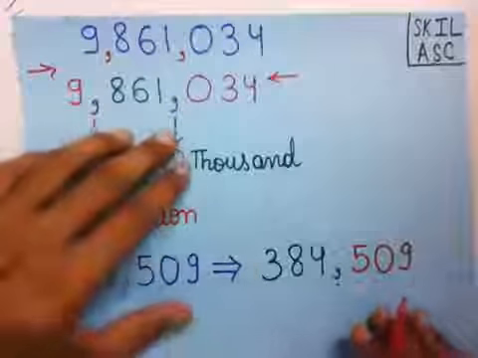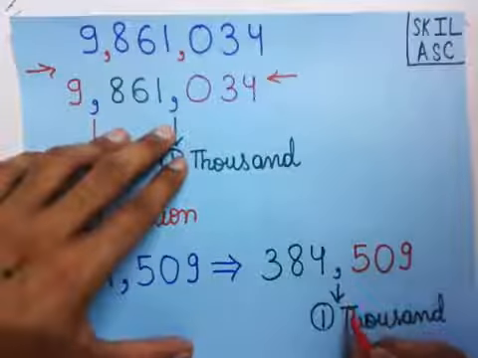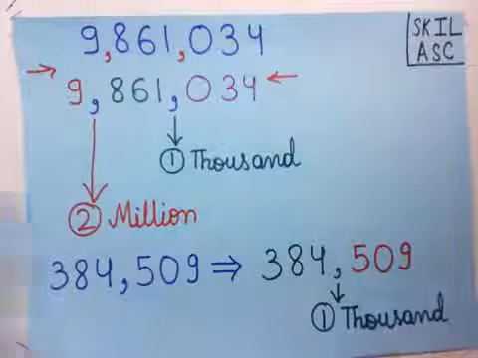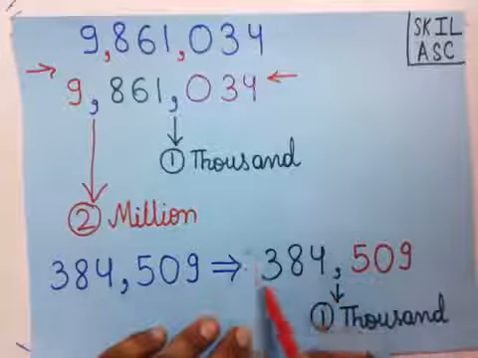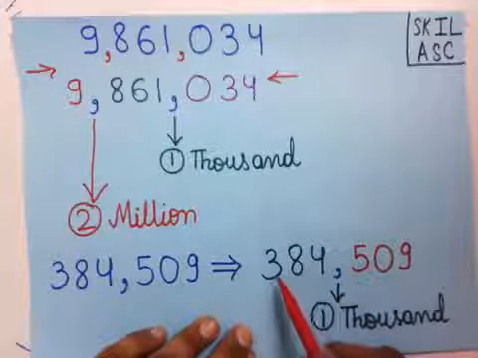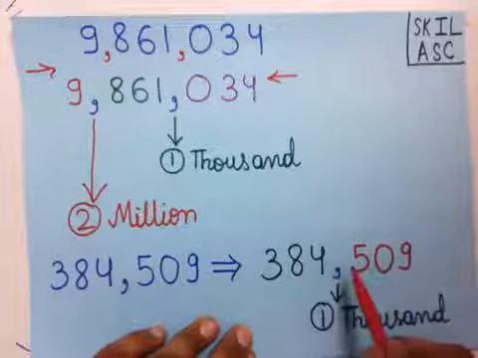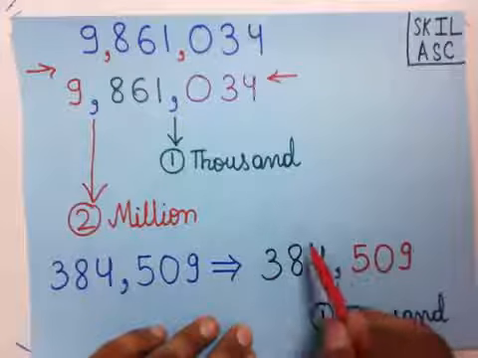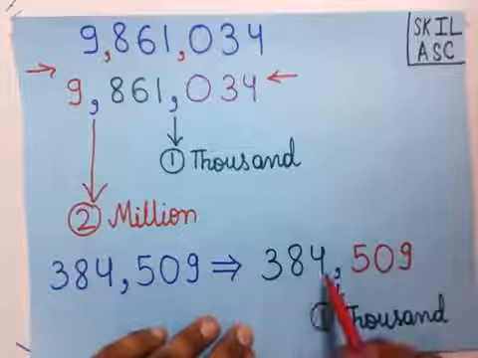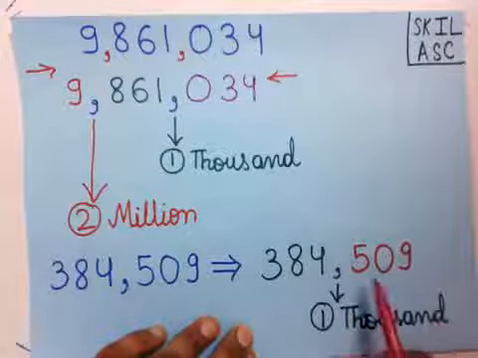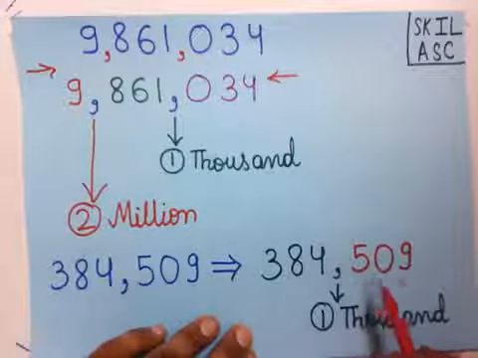First we put thousand under this comma. We know how to read this small number, 384. We should not care about the number ahead of it. We first read this small number, 384, and then thousand, and then 509.